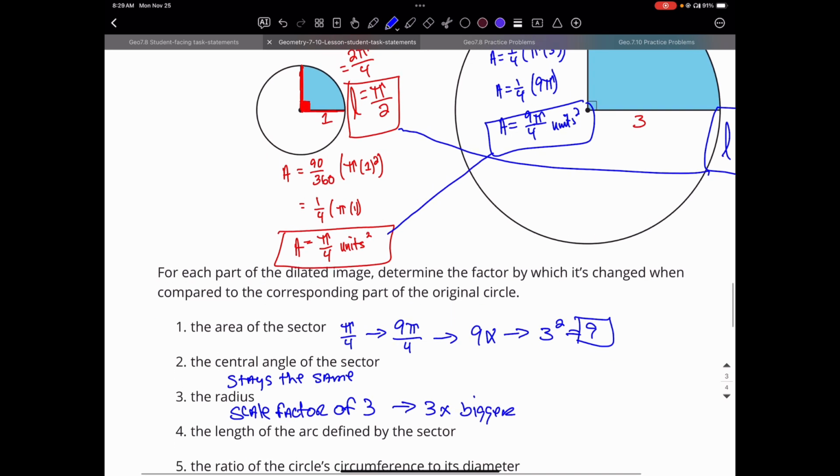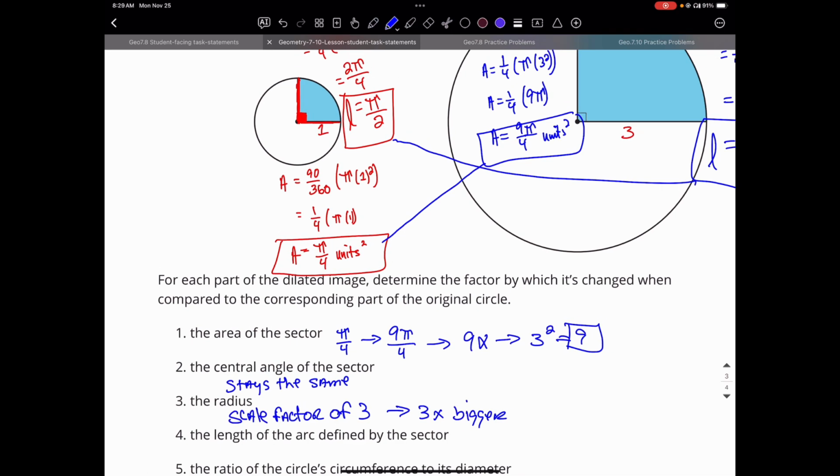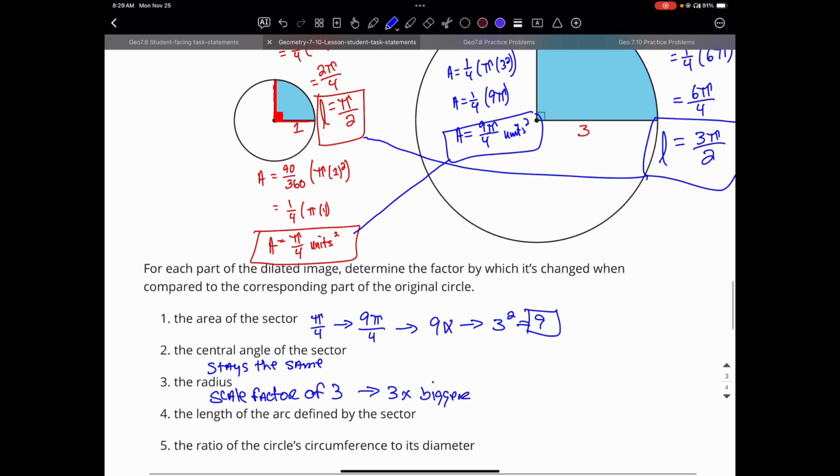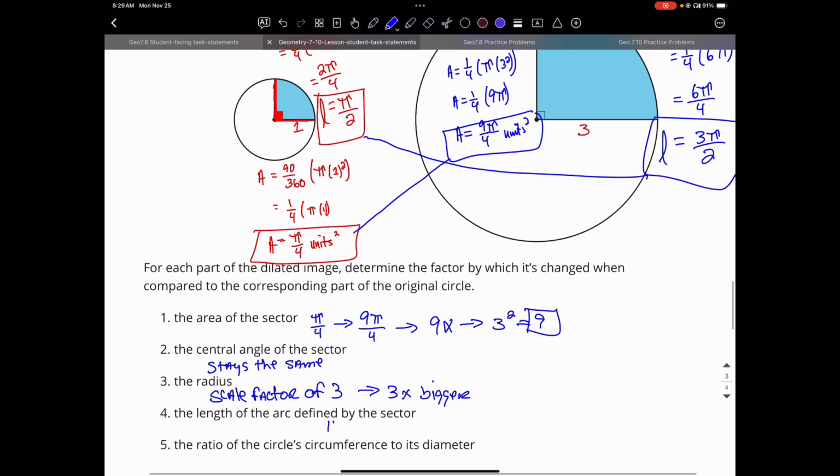And the arc length also, remember the original was pi over 2, and it went all the way to 3 pi over 2. So that's also a scale factor of 3 times. So it increased by a scale factor of 3.